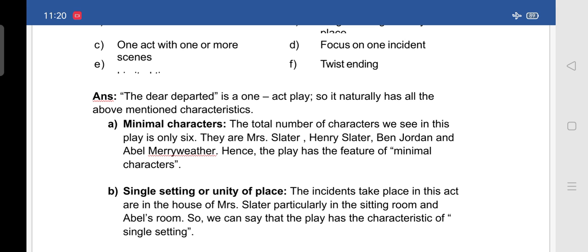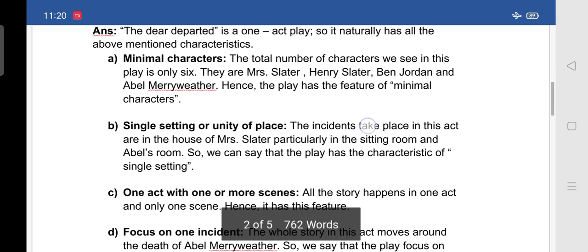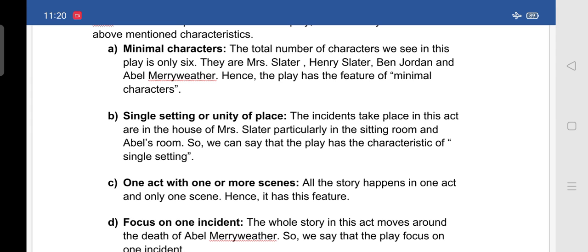The Dear Departed is a one act play, so naturally it has all the above mentioned characteristics. A. Minimal characters. The total number of characters we see in this play is only 6. Who are they?